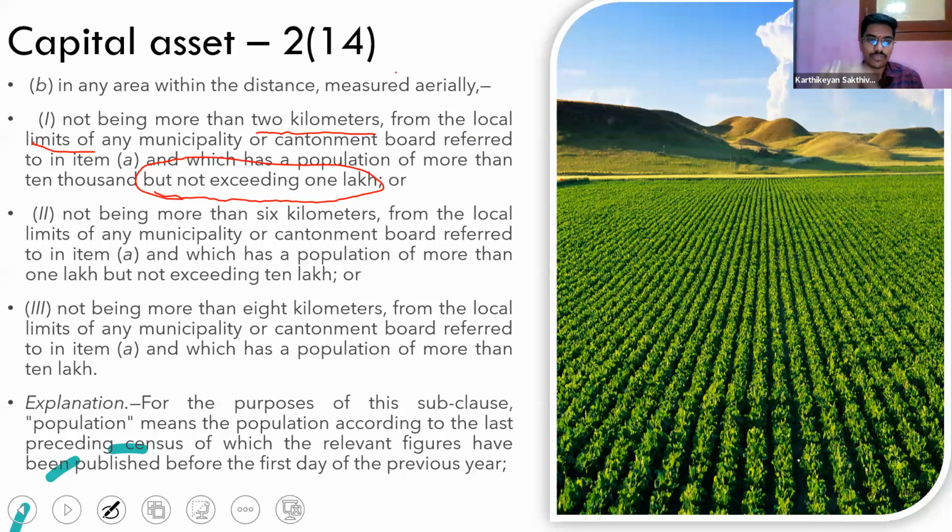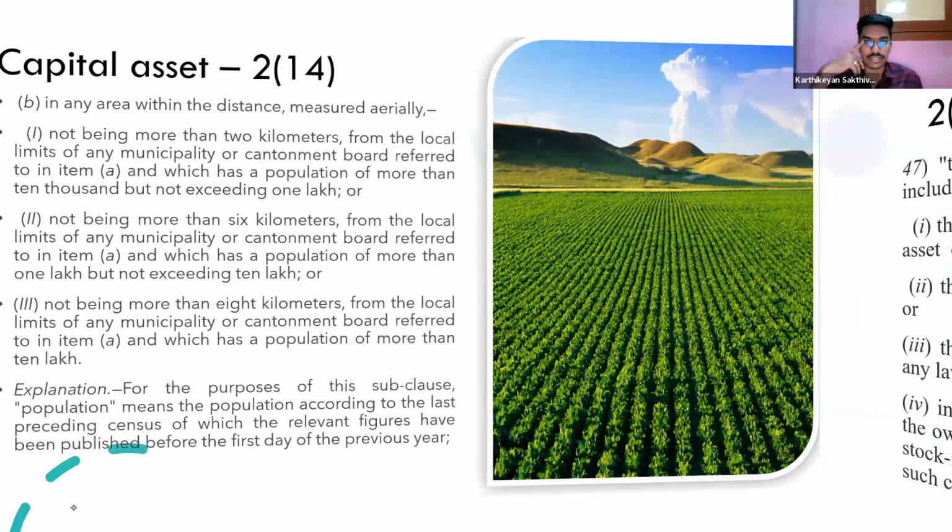If it is 10,000 to 1 lakh, up to 2 kilometers it will be treated as urban; next till 6 kilometers it will be treated as urban; next till 8 kilometers it will be treated as urban. After that it is rural. The population means population according to the latest census which has been published. Recently the census has taken a very long time, right?